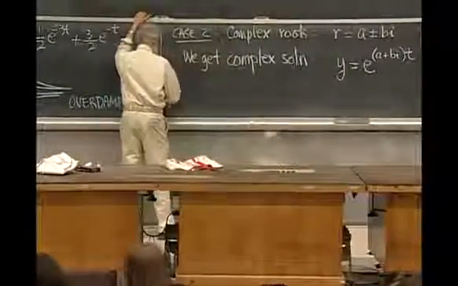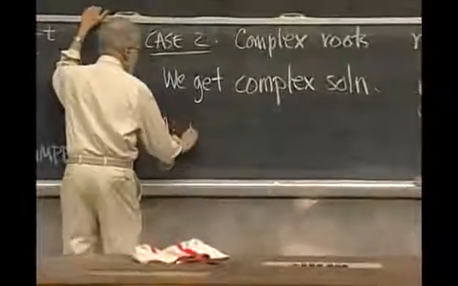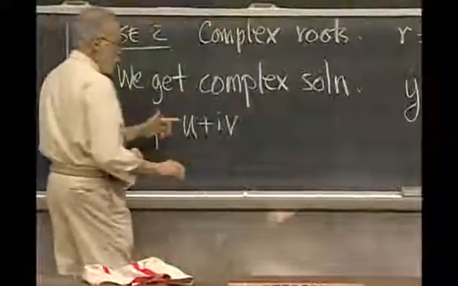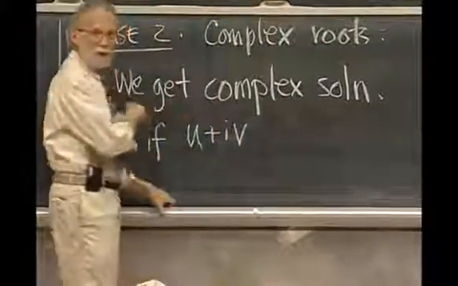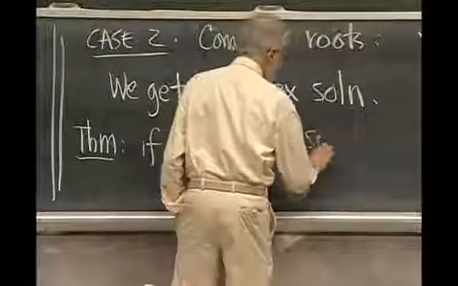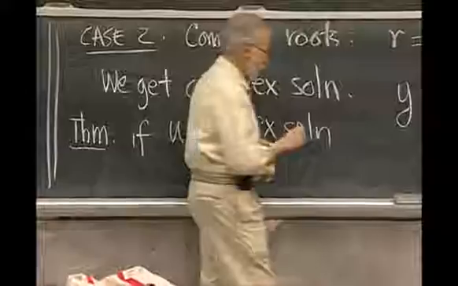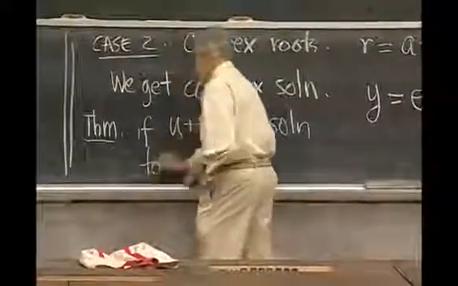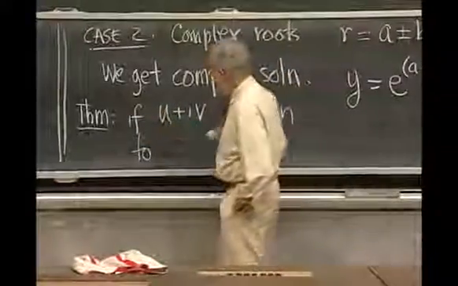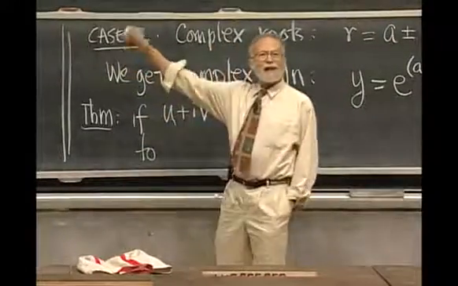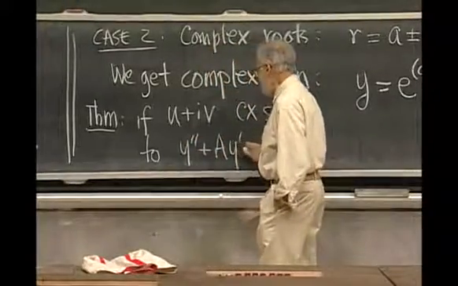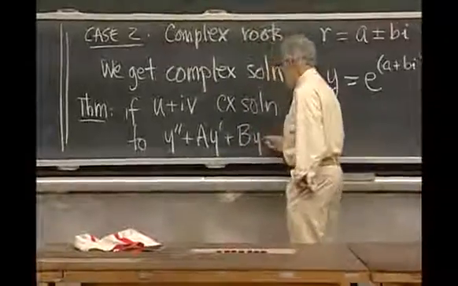So the theorem is that if you have a complex solution, u plus iv, where each of these is a function of time, to a real differential equation, y double prime plus a y prime plus b y equals 0.